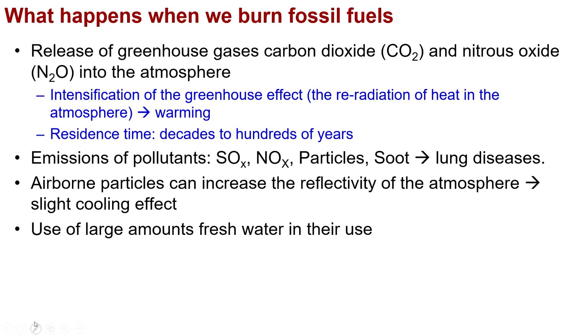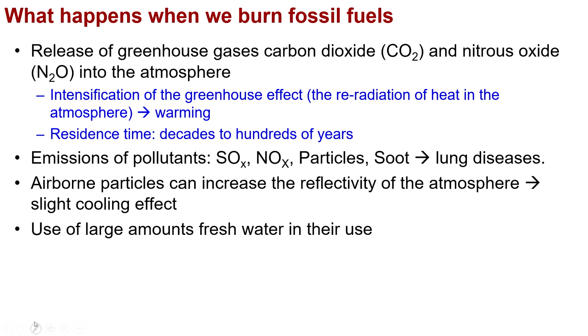So what happens when we burn these fossil fuels? We extract a lot of fossil fuel and we generate energy by burning them. When you burn fossil fuels, we release a significant amount of carbon dioxide, which is a greenhouse gas, and as we will see later on what the greenhouse gas effect is.